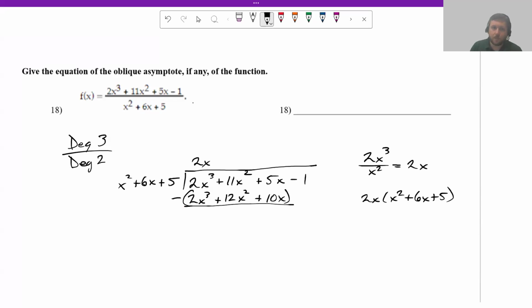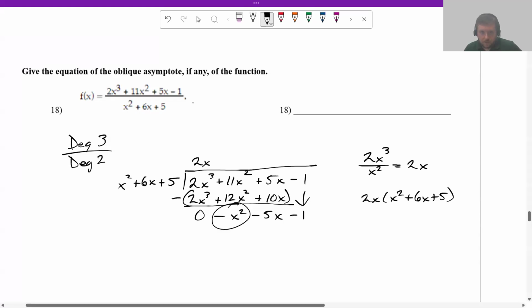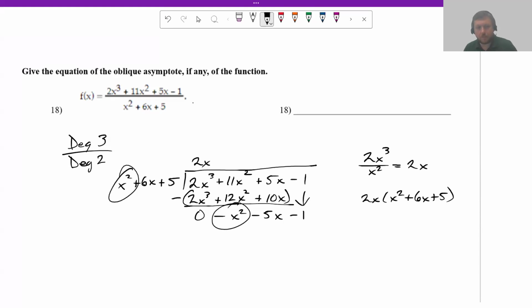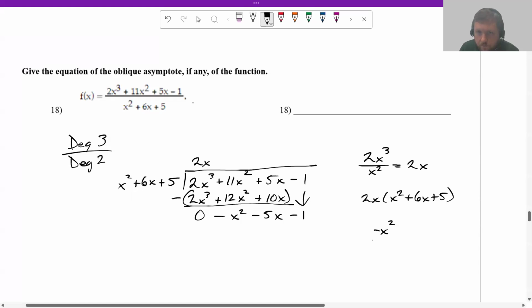So I'm taking 2x cubed minus 2x cubed, so I get 0. Next, I'm taking 11x squared minus 12x squared, so I get negative x squared. And then 5x minus 10x, so I get negative 5x. Technically, if we're doing this correctly, I'm going to bring that -1 down next. And now I'm going to take this negative x squared divided by this x squared, and I get -1.